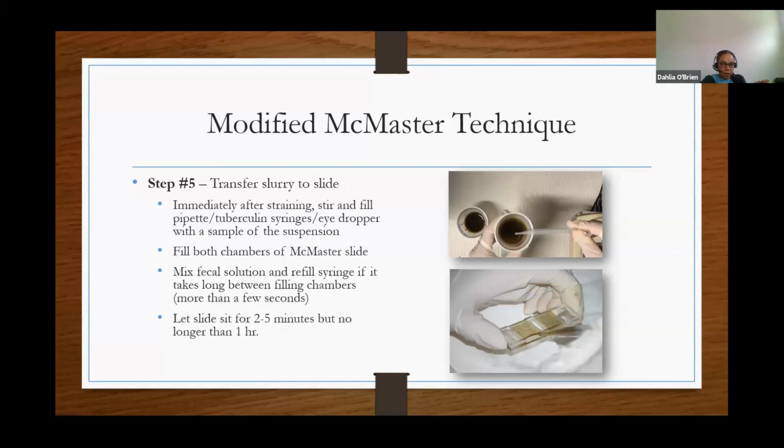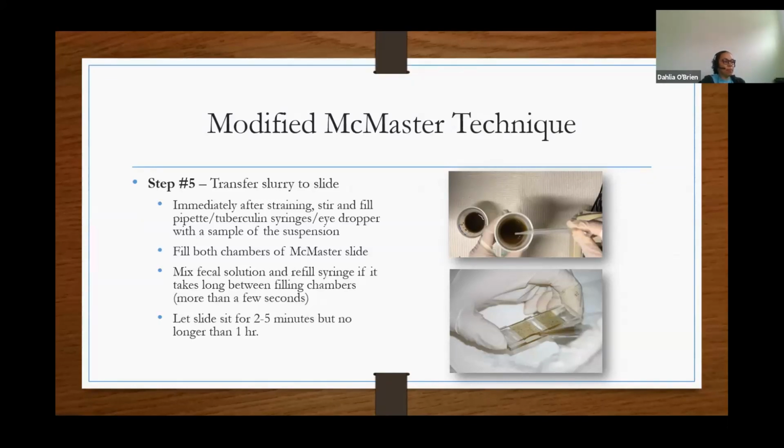So either you're going to get a really concentrated sample, or one that's really diluted. So you really want to make sure that you stir that slurry before you pick up that sample, so that you're getting a good representation of those eggs dispersed in that sample.